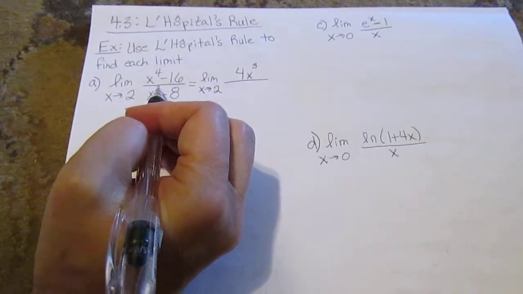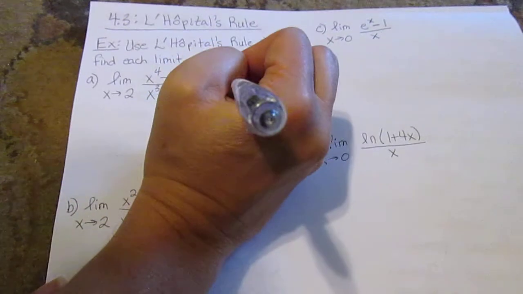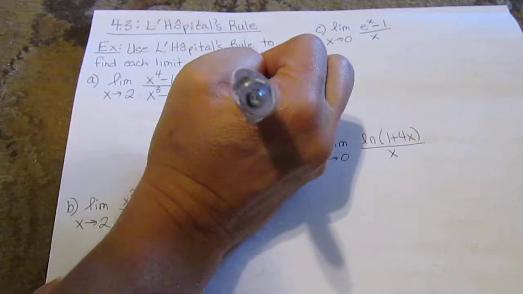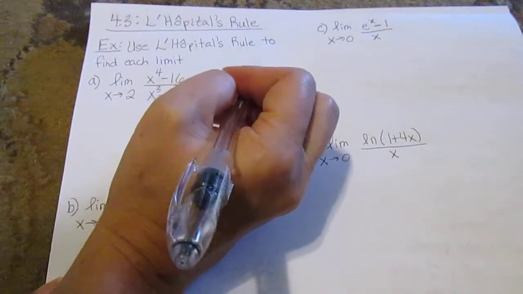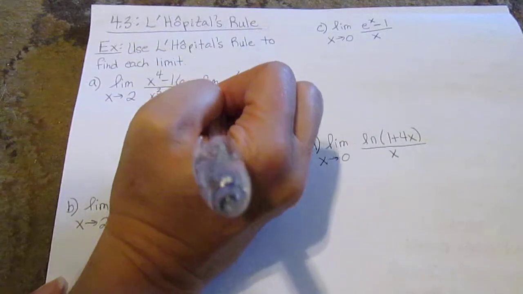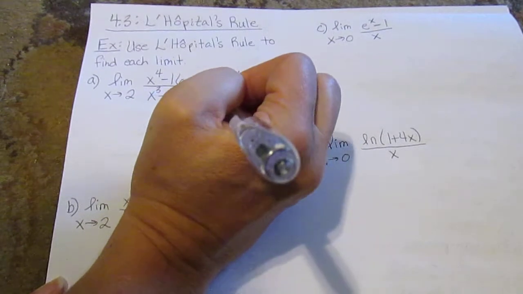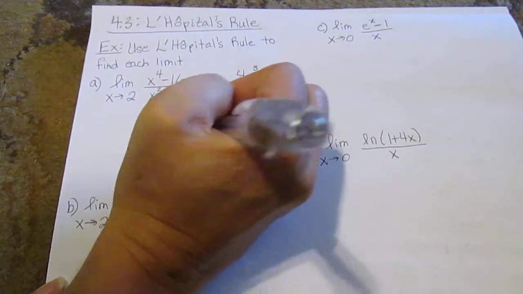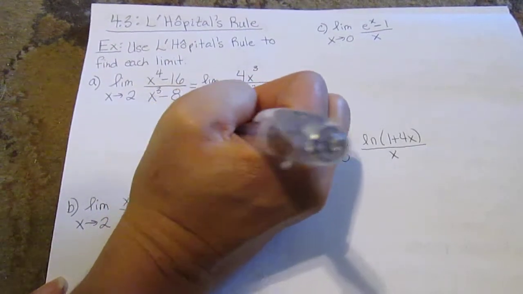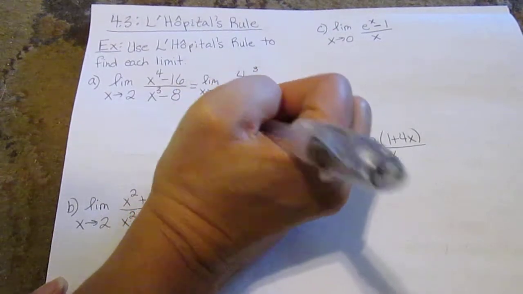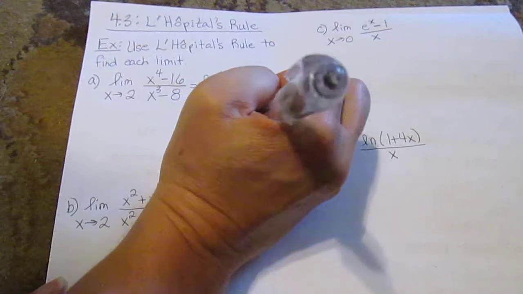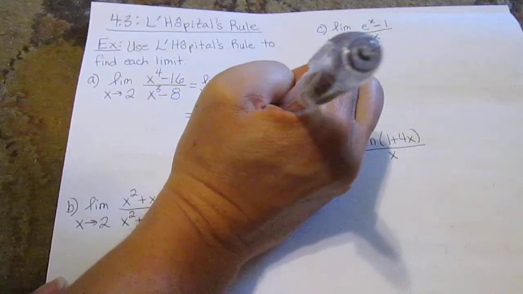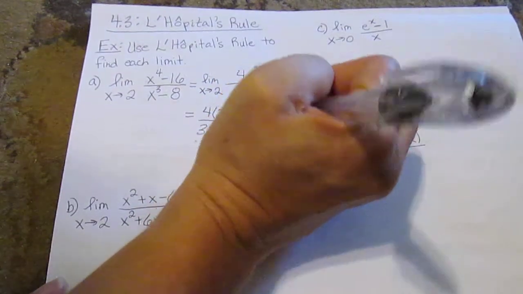Taking the derivative of the bottom, we get 3x squared. And now you can plug the number back in. So we plug 2 in for x: 4 times 2 cubed over 3 times 2 squared. And we get 32 over 12, which reduces to 8/3.